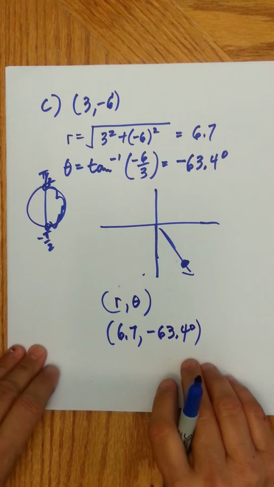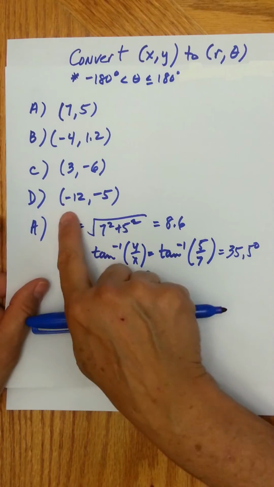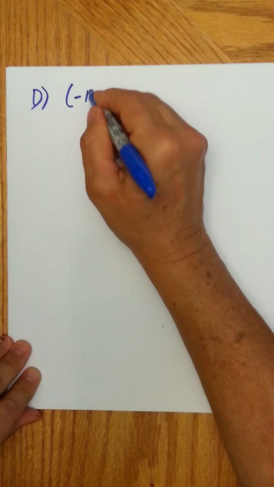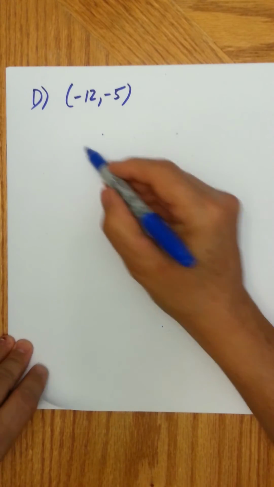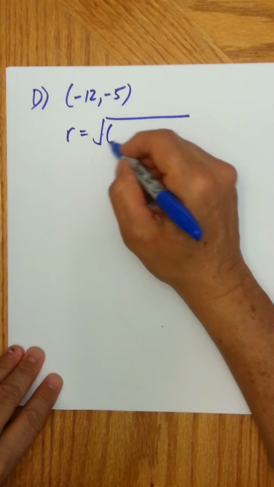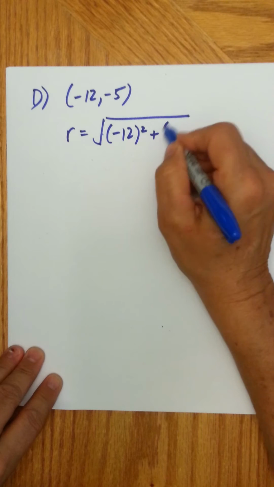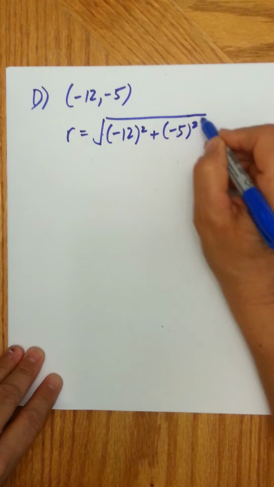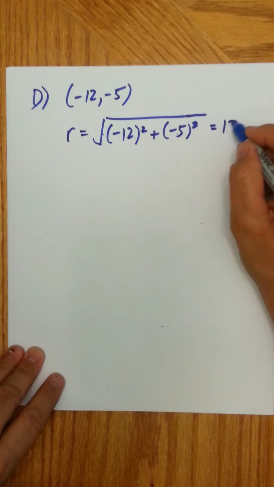Okay. And then the last one, D, was negative 12, negative 5. All right, so again, with the radius, we're going to do the Pythagorean theorem. So negative 12 squared plus negative 5 squared, and you'll get 13.